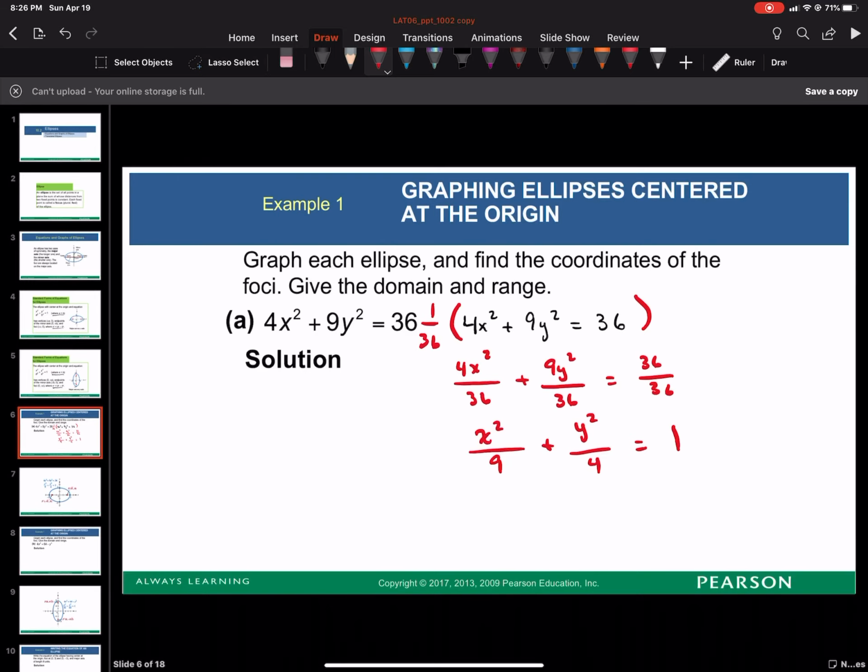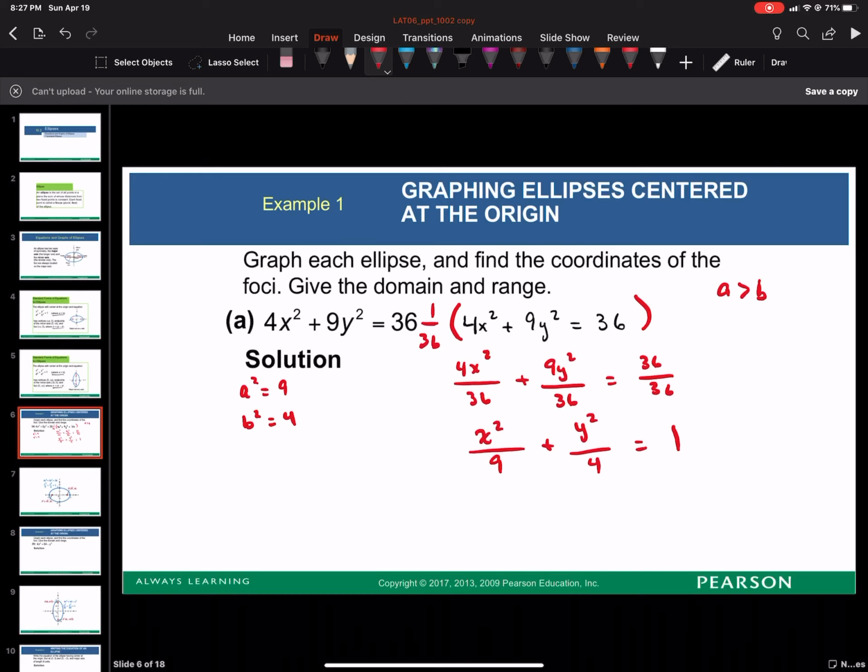Now, is this going to be a horizontal or a vertical ellipse? Which one has the biggest number? Remember, a is greater than b, so a has to be the greater one. These are a squared and b squared, but if the number is bigger, then its square root is bigger. So we have a squared is 9 and b squared is 4.